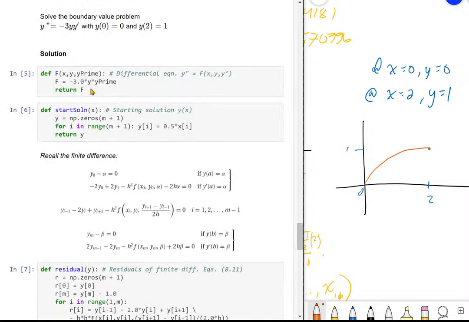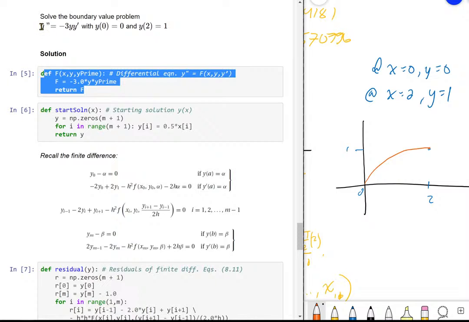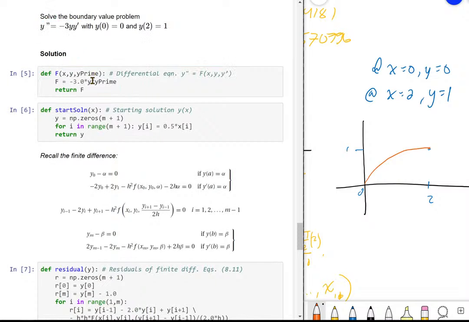So here we have the function, so we define the function, which is this one, 3y y prime. If you call this function f, then you will use this function. If you have another differential equation, you transform that one.